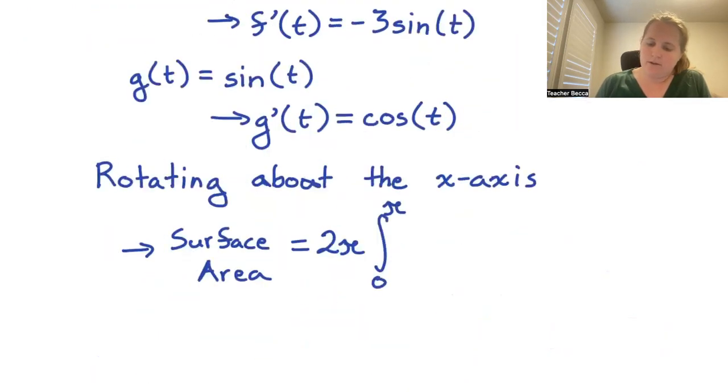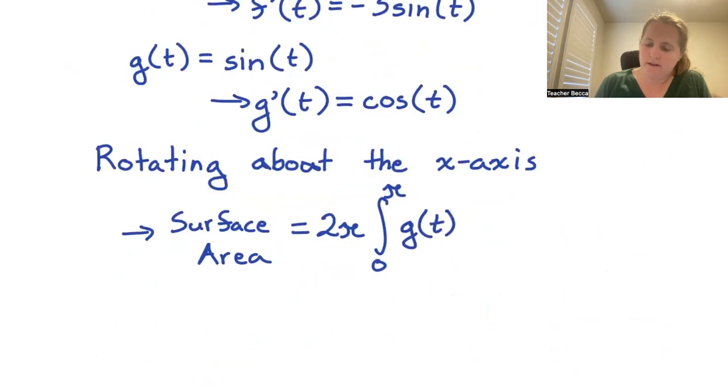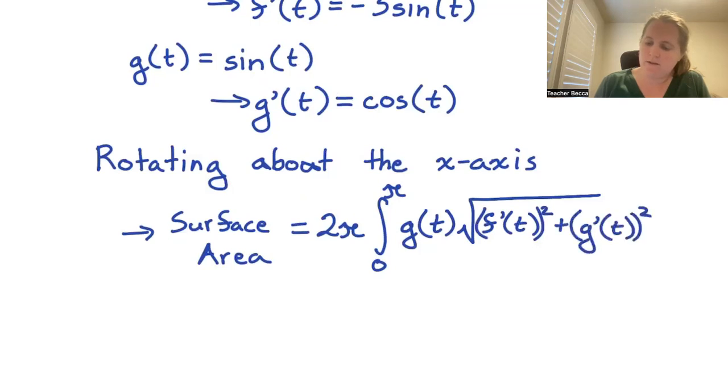So we have g of t times the square root of f prime of t squared plus g prime of t squared dt.